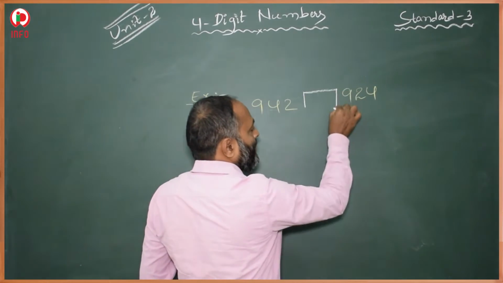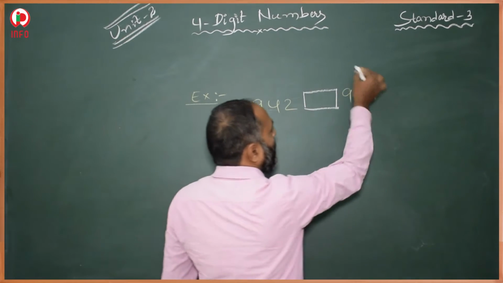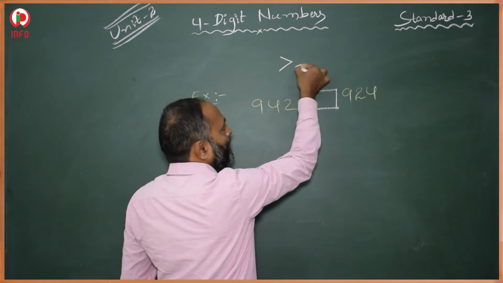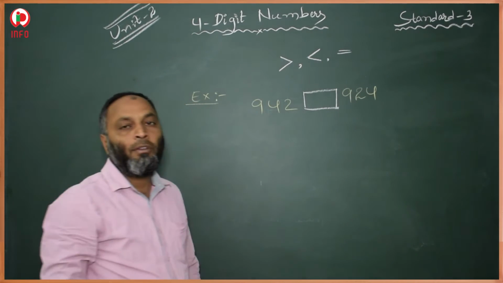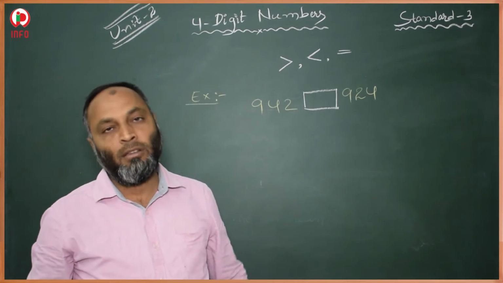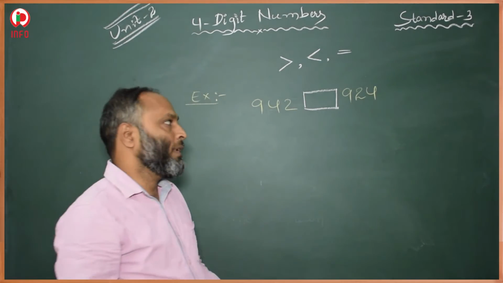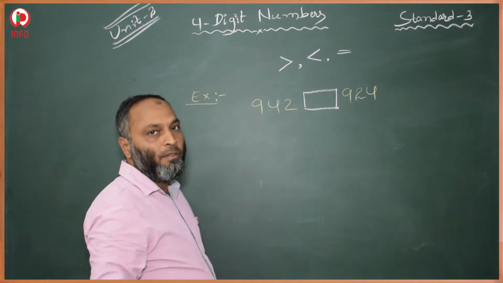When these two numbers are given, how do we compare? We use the greater than symbol, less than symbol and equal to symbol. We have to use these three symbols to show which one is greater than, less than, or equal to. How to check which one is greater or lesser?